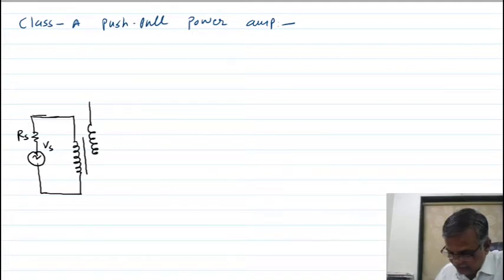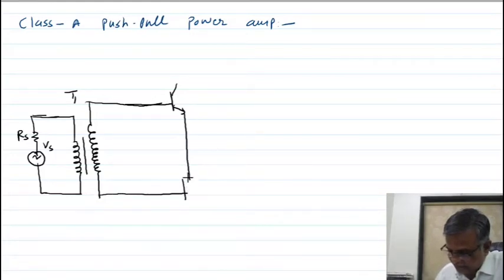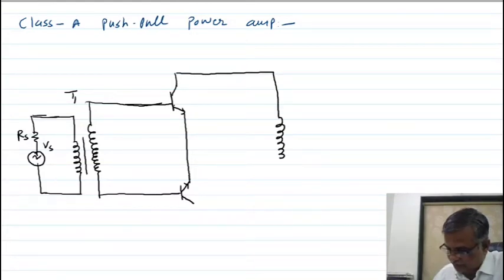This is transistor Q1. Here I am connecting transistor Q2, and this is connected to the output transformer.